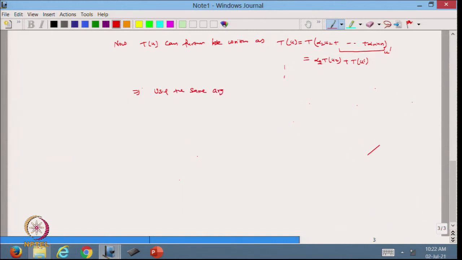We can write that T of alpha 1 U1 plus alpha 2 U2 up to alpha n UN will be equal to alpha 1 T of U1 plus alpha 2 T of U2 and alpha n T of UN.